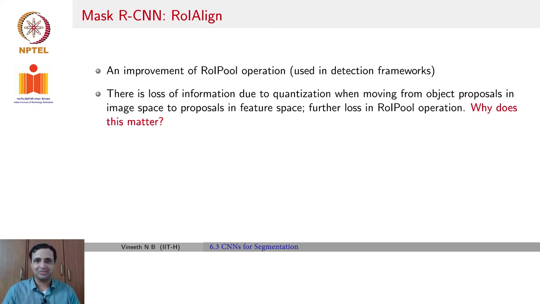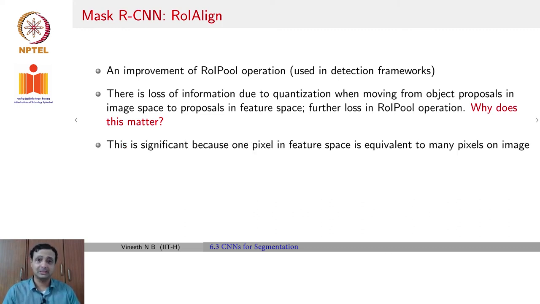Why does this matter? This matters because one pixel in feature space could be equivalent to many pixels on an image, because the feature space is smaller in later convolutional layers when compared to the initial input. When you try to get a mask, these few pixels can bring a significant error in the final performance.